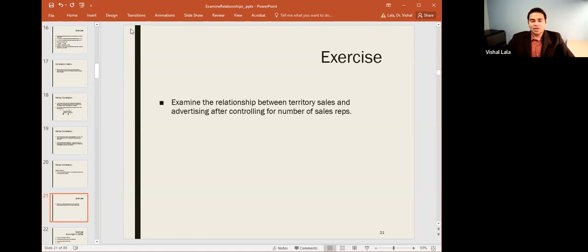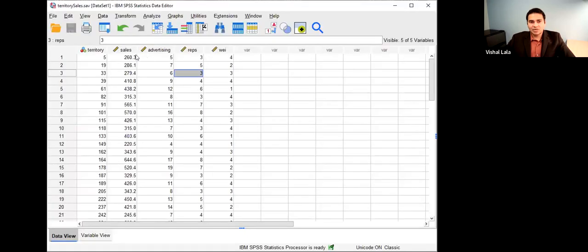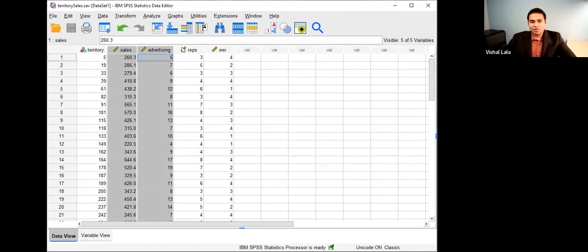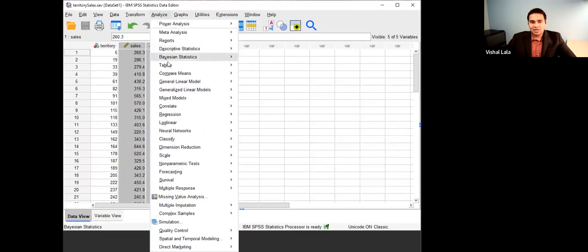To do this, here's what we can do. We're going to go back over to SPSS and examine how robust this relationship between sales and advertising is by controlling for reps. So analyze, correlate, and now we'll go to partial.